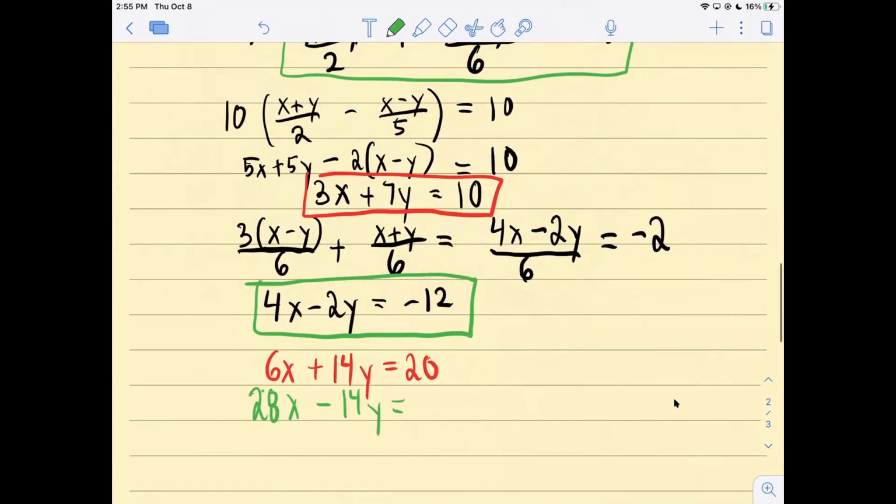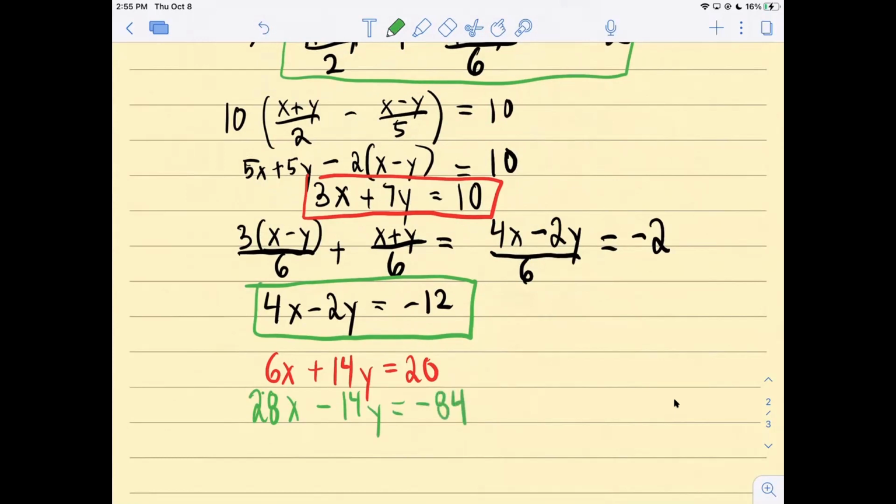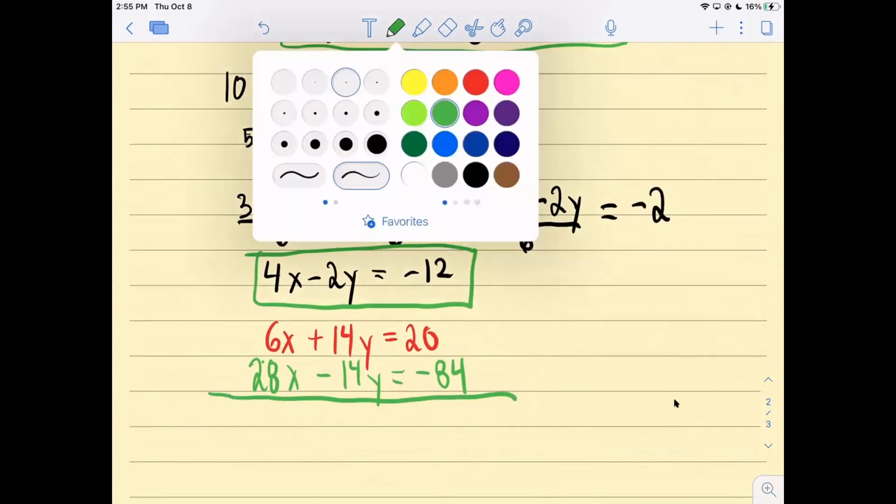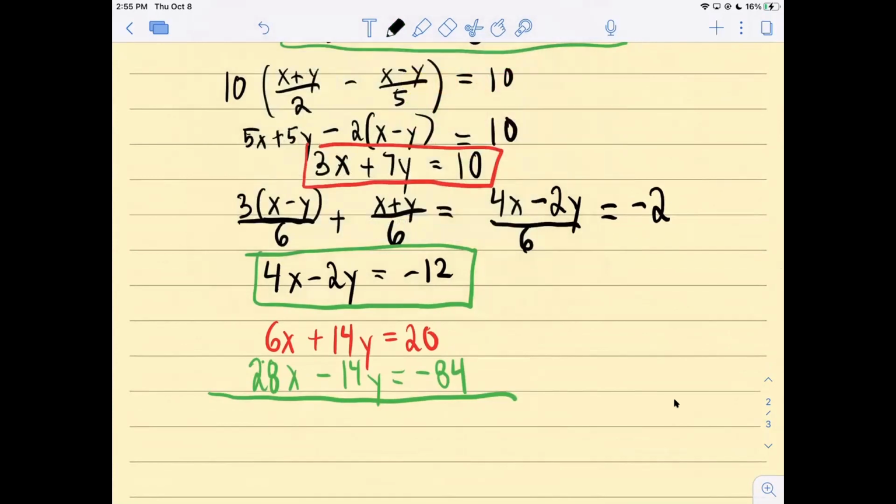So this would be negative 84. Putting them all together, going back to the black pen, this would be 34x is equal to negative 64. I'm not loving this answer.